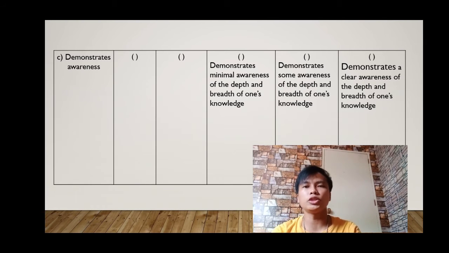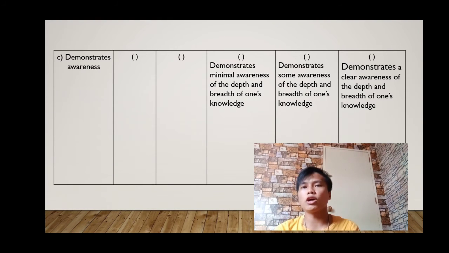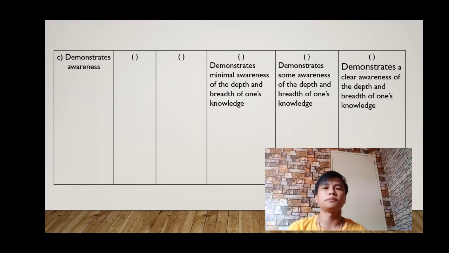So let's proceed to another, the competent category. The students can demonstrate a clear awareness of the depth and breadth of one's knowledge. Like the example earlier, the teacher gave a statement and the students explain it to the other students.